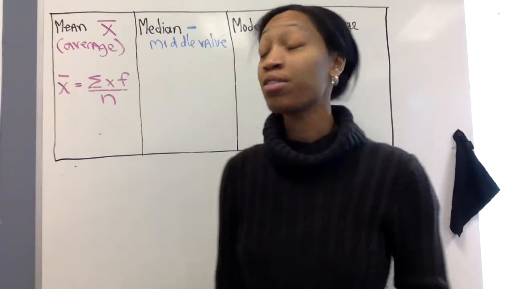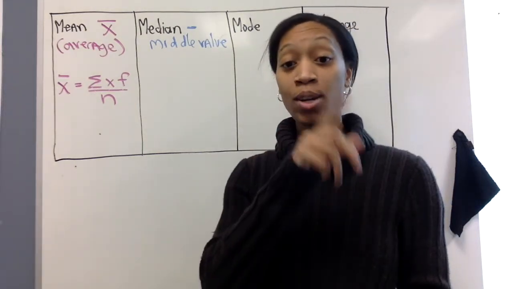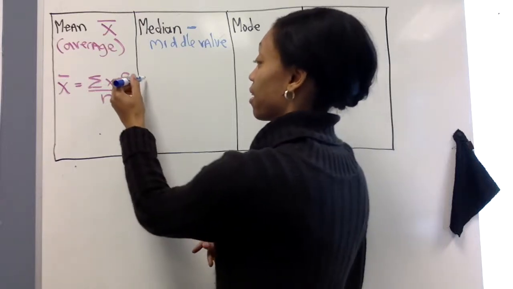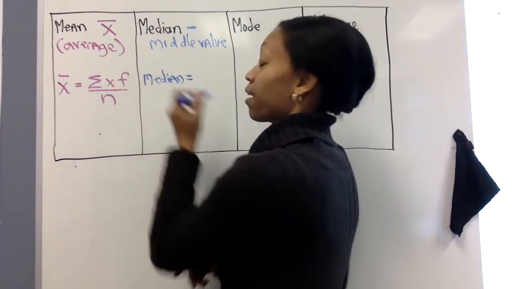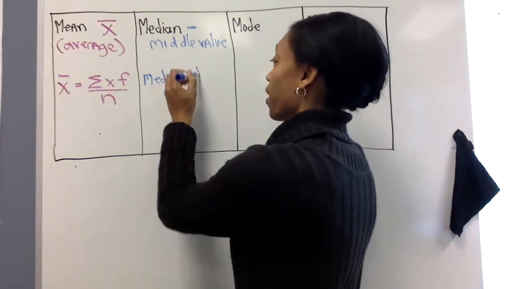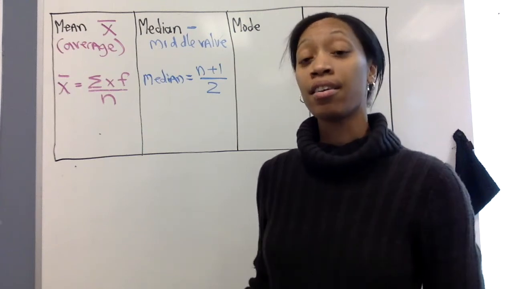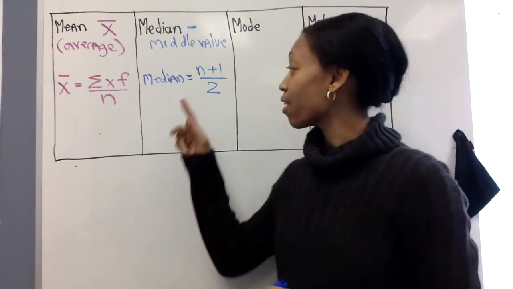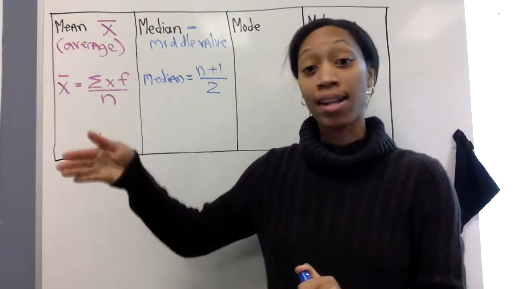Okay, and so now to find the median with data, what you're going to do is see what's the total number of things that you have, and you're going to add one more than that, n plus 1, and divide by 2. Then the term that is in the (n plus 1) divided by 2 position, that's the median.